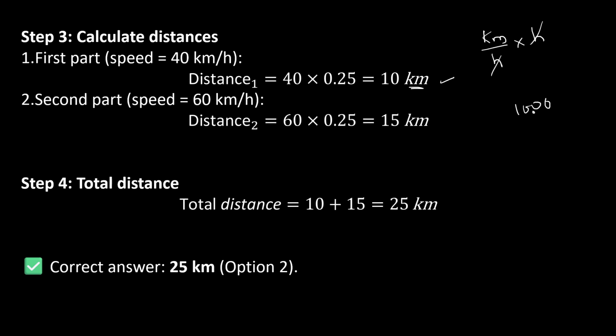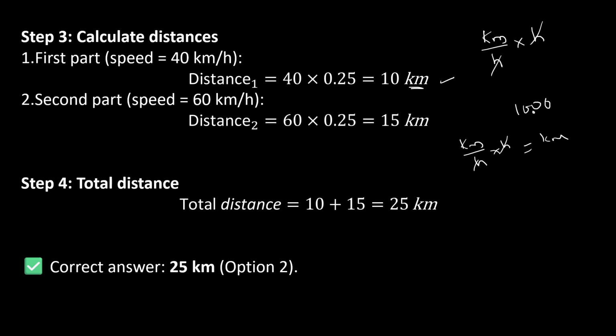Then the second part speed is 60 km per hour, for the next 15 minutes they travel. Distance 2 is 60 into 0.25, because it has the same time, 15 minutes, that is already converted into 0.25 hour. That's why 60 km per hour into hour, hour gets cancelled, kilometer unit will remain.